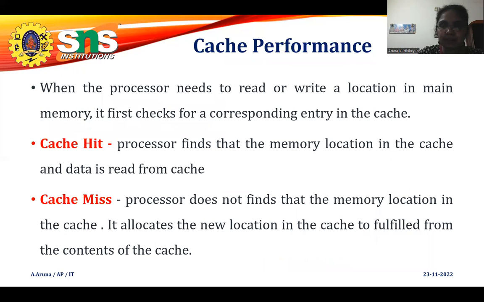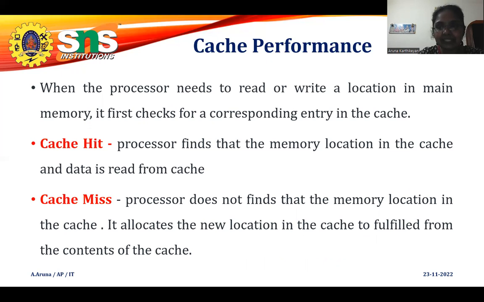The cache performance can be calculated by two parameters: one is a cache hit, and the other is a cache miss. A cache hit is when the data and instruction requested by the processor are present in the memory location in the cache, so the data is read from the cache.